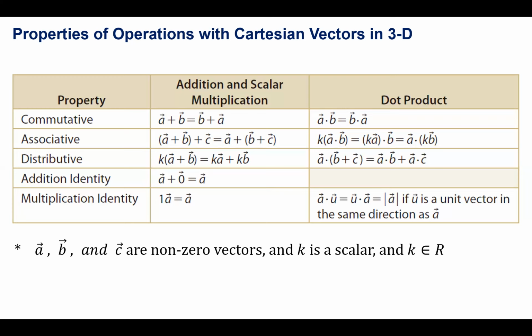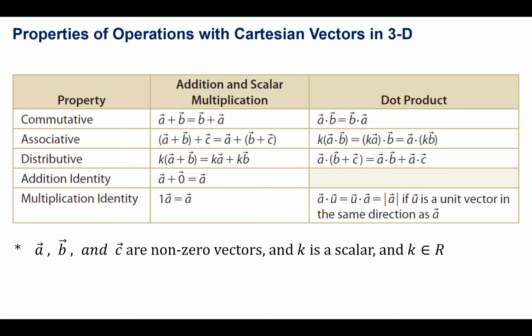Next, we have the distributive property, which means a scalar k times the sum of vectors A and B equals the scalar k times vector A plus the scalar k times vector B. And for the dot product, A dot the sum of B and C equals the dot product of A and B plus the dot product of A and C. Next, for the addition identity property, any vector A plus a zero vector equals vector A itself.